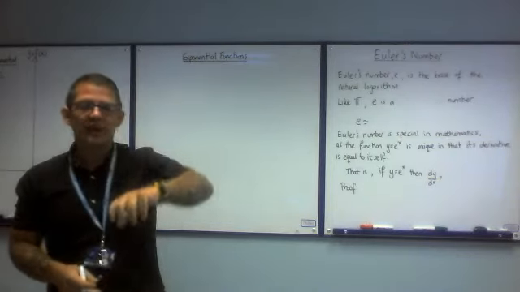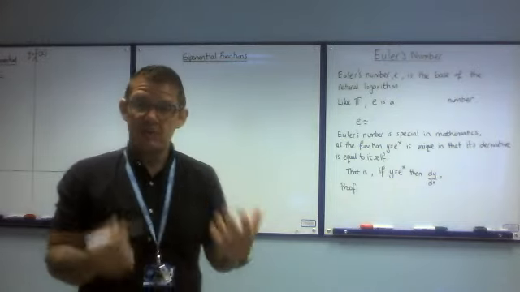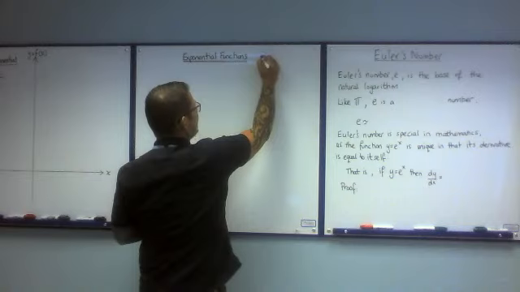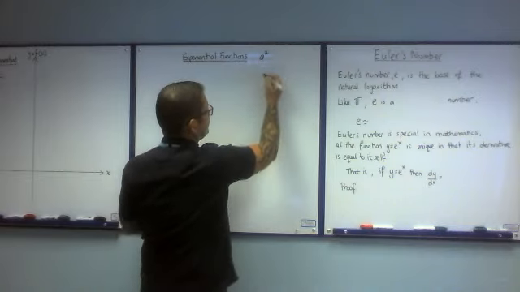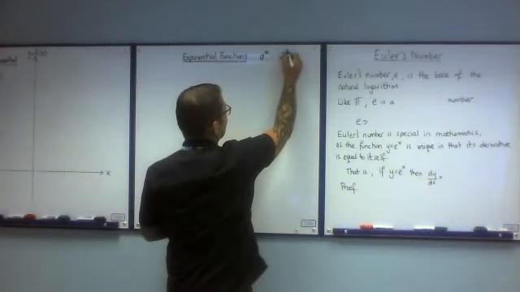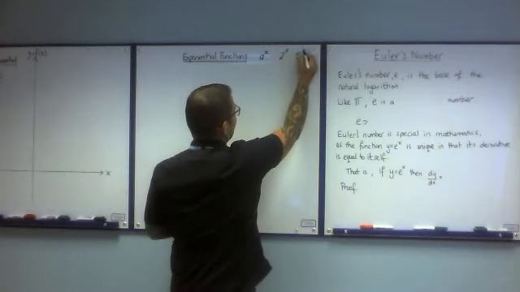When I'm talking about exponential functions, what I'm actually talking about is functions of this form, a to the x. So we're talking about things like 2 to the x, 5 to the x, anything like that.